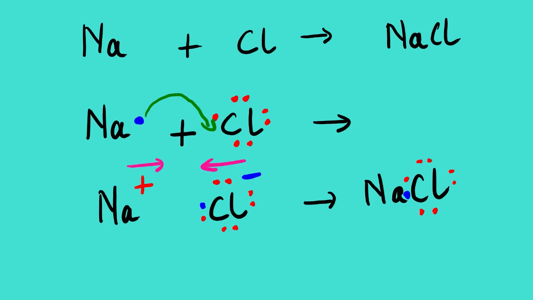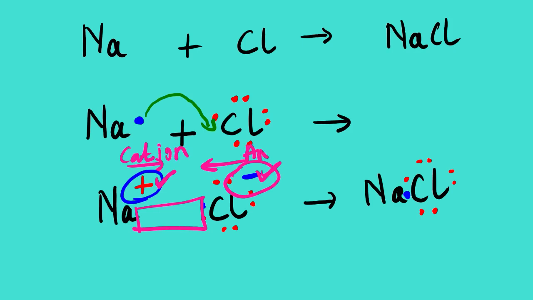The moment it gives away its electron, it becomes positively charged, and this one receives an electron and becomes negatively charged. The nature of the bonding between the two will be ionic. We call these ions. This becomes a cation. This becomes an anion.